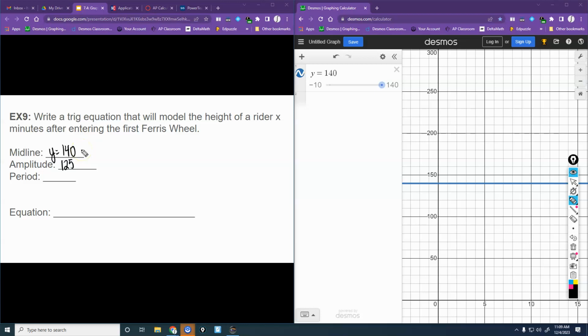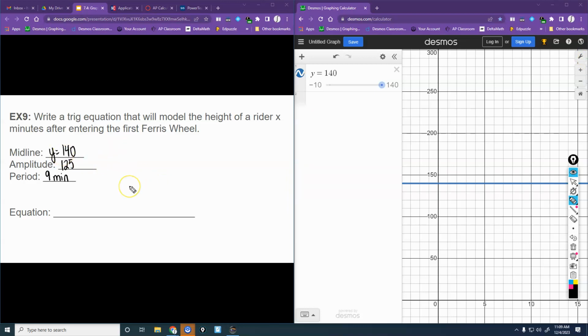Now, the period of this graph is not difficult to find. They told you what it was. How long does it take for this to start to repeat? 9 minutes, right?